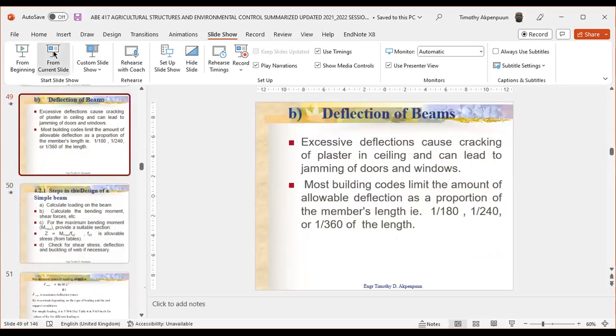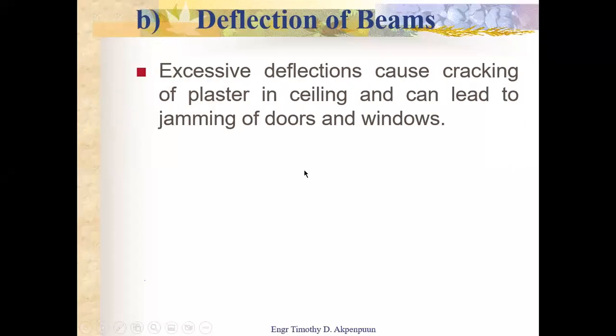Good. So let's start with this so that we'll continue next class. Deflection of beams. Excessive deflection causes cracking of plaster in ceilings, or can lead to jamming of doors and windows. That's why you see some sagging ceilings in houses due to excessive deflection.